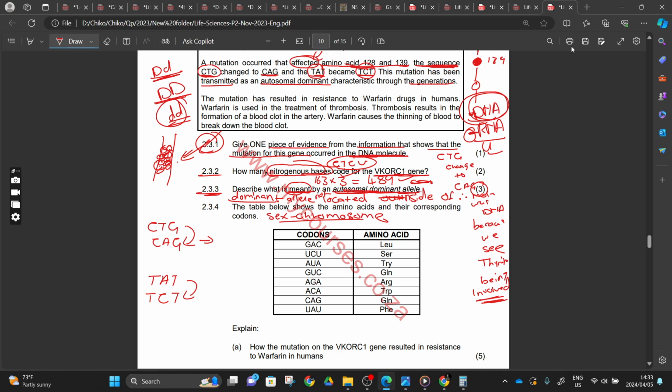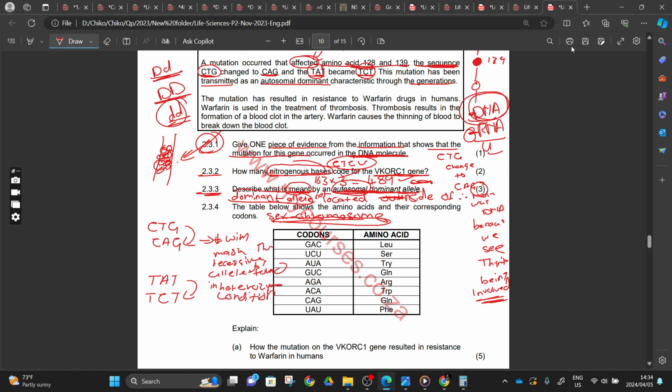And then another thing, because they're saying autosomal, right? An autosomal is something that is not connected with a sex chromosome, right? And you have answered that this is a dominant. And then you can also say, since it's dominant, it will mask the recessive allele when found in a heterozygous condition.